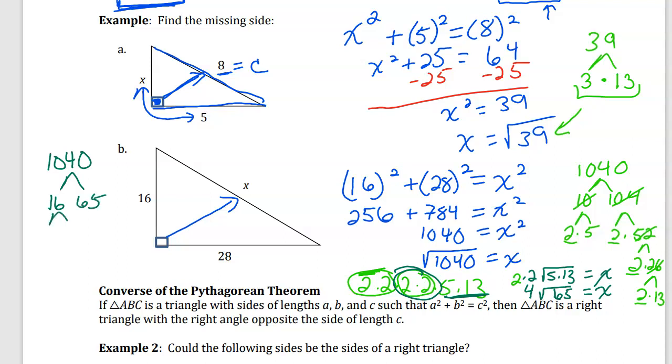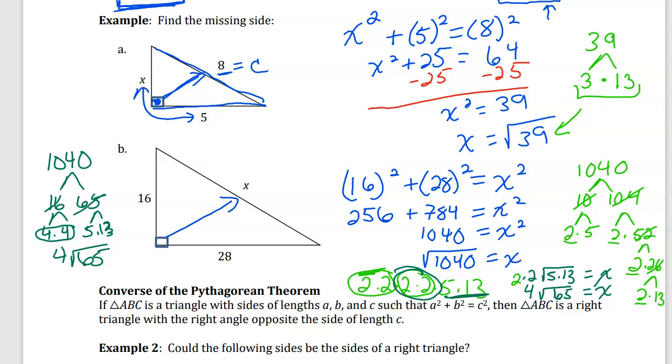Okay, I know that 16 is 4 times 4. 65 is 5 times 13. Oh, well, I have a pair here, and neither one of those can be broken down. So that's 4 square root of 65. I get the exact same answer. It doesn't matter how you break it down.